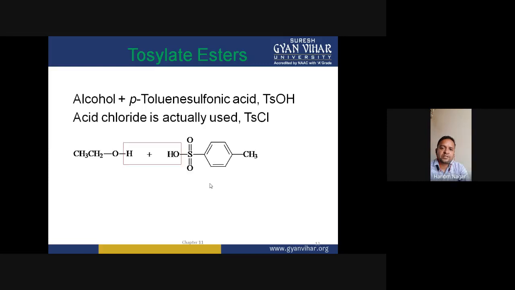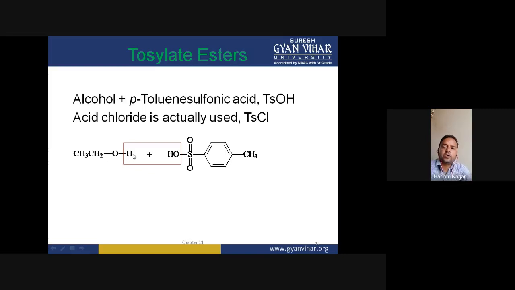Now the next ester is tosylate ester. So alcohol plus para-toluene sulfonic acid, TsOH, gives the tosylate ester as a product.